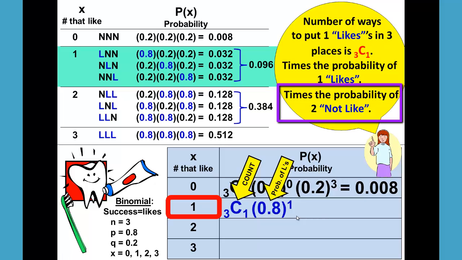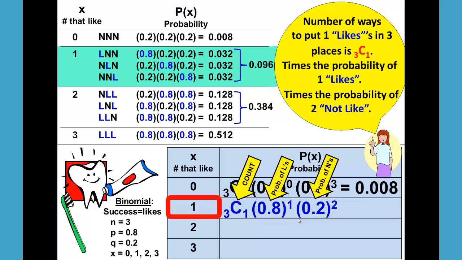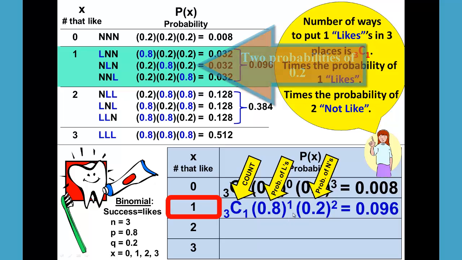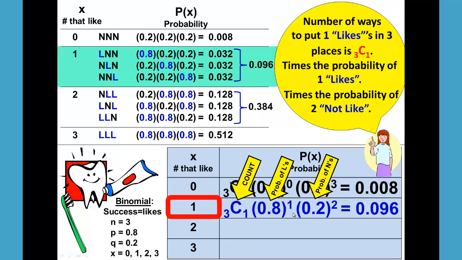So that's times the probability of 2 of the children not liking it. So that would be 0.2 raised to the second, because each of these probabilities up here have 2 0.2 probabilities. So we get the answer of 0.096.